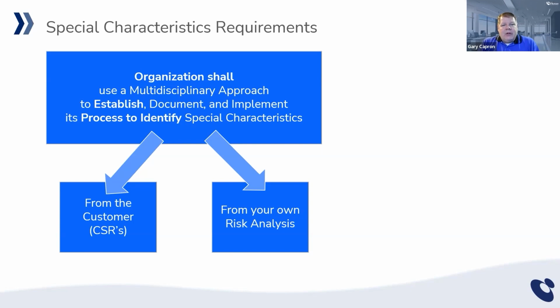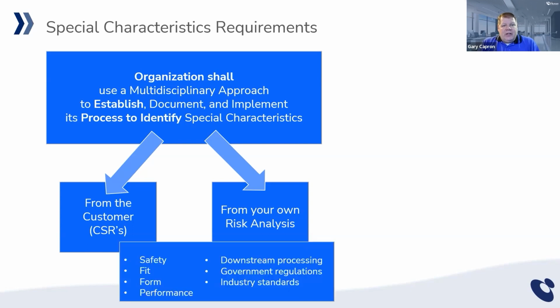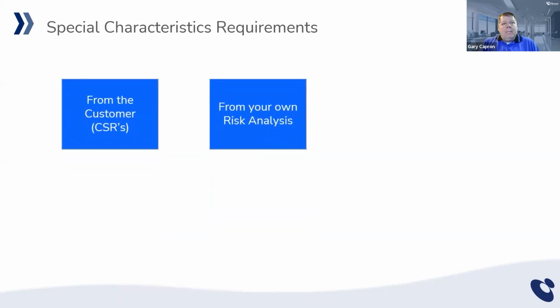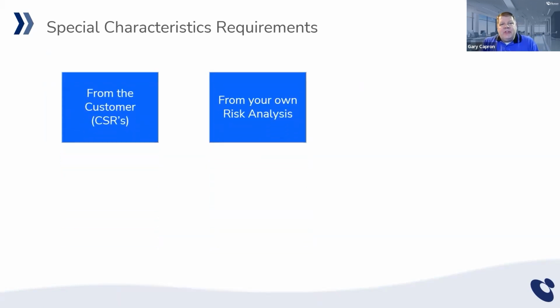This may include characteristics that lead to a failure of a product function in regard to safety, fit, form, performance, downstream processing, compliance to regulations, or industry standards. Be aware that sometimes special characteristics may also come from regulatory bodies or from other sources, but the primary sources are externally from the customer and internally from your own risk assessment.